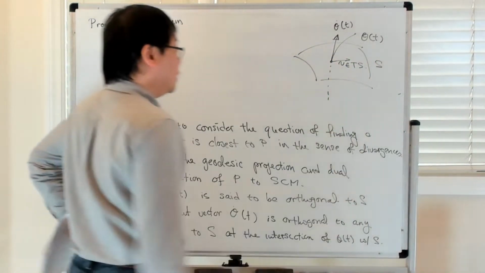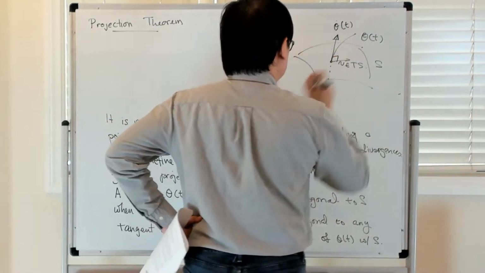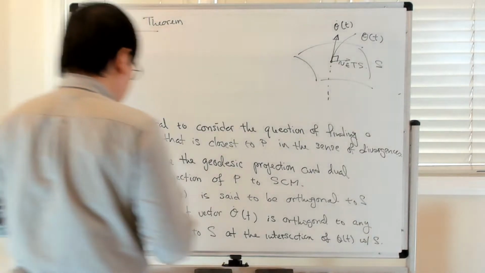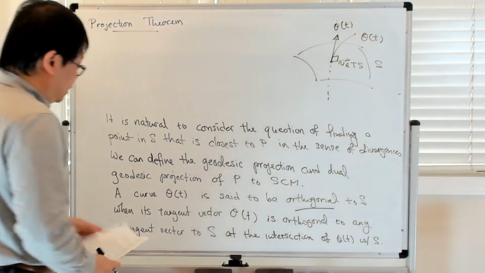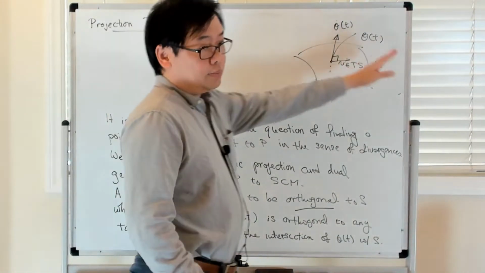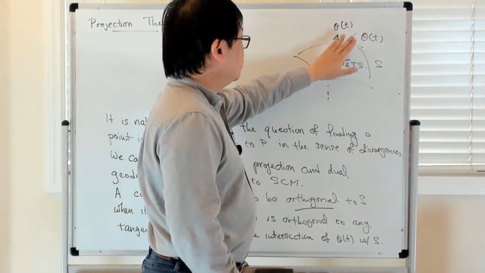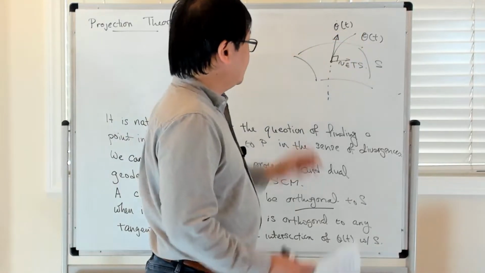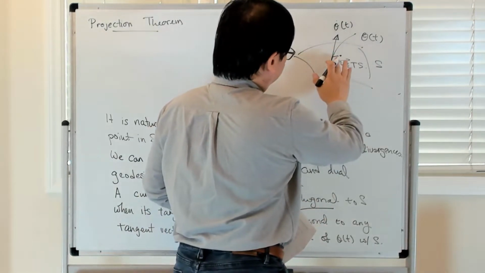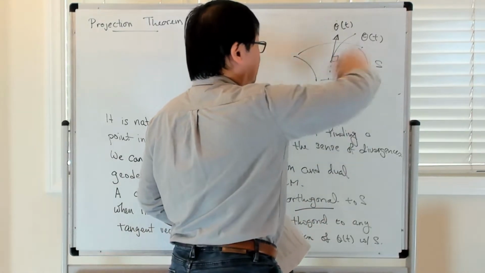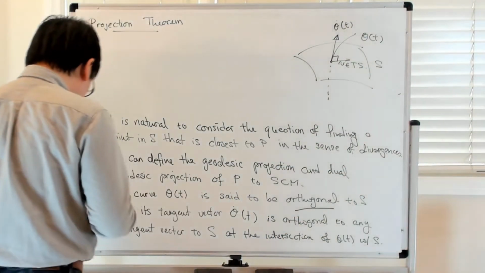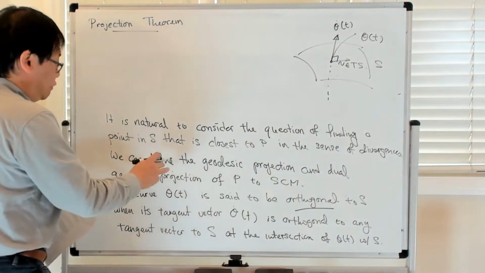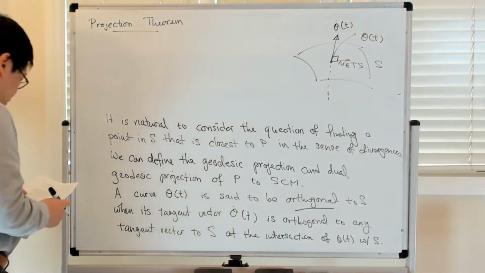With the same base point, right? So these things have to be orthogonal. Okay, so that's what we mean by a curve being orthogonal to that space, is that it's orthogonal to all the tangent vectors to that space at the point where the curve intersects with that set S. Okay, all right, so that's again quite natural. All right, so let's now define this notion of geodesic projection, which we were alluding to.